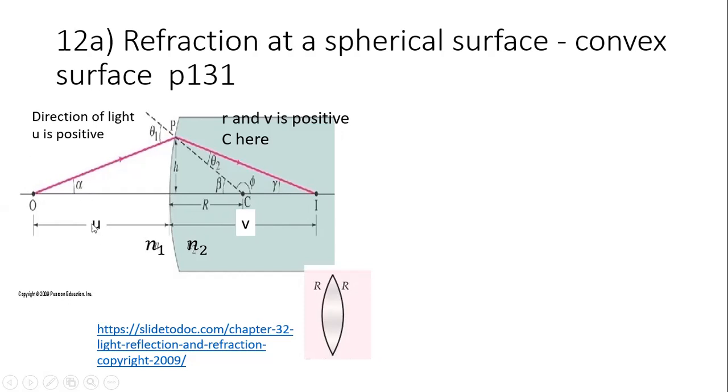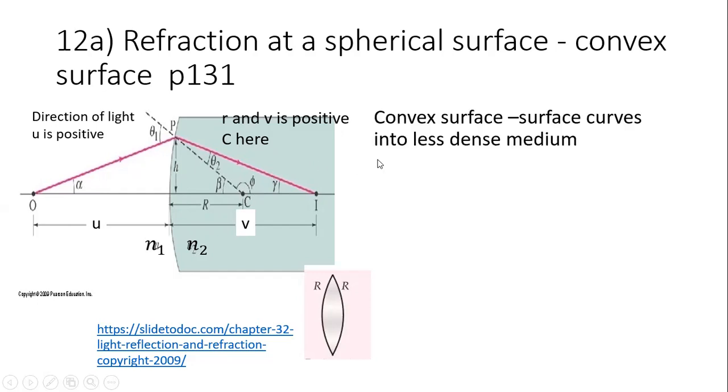So u is positive, and in this case r and v in this location are positive. Convex surface curves into a less dense medium. This is less dense, this is more dense. So this is a convex surface. n2 is greater than n1.